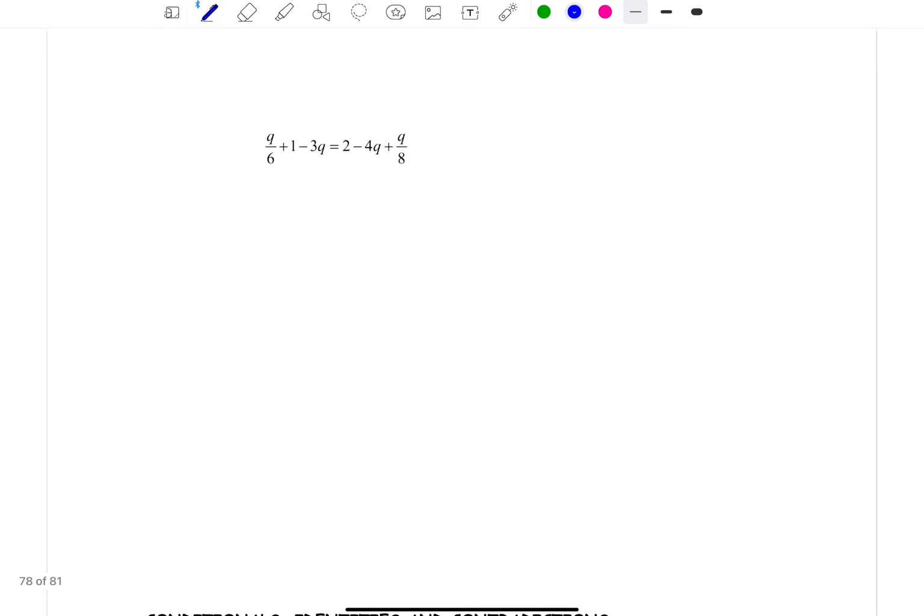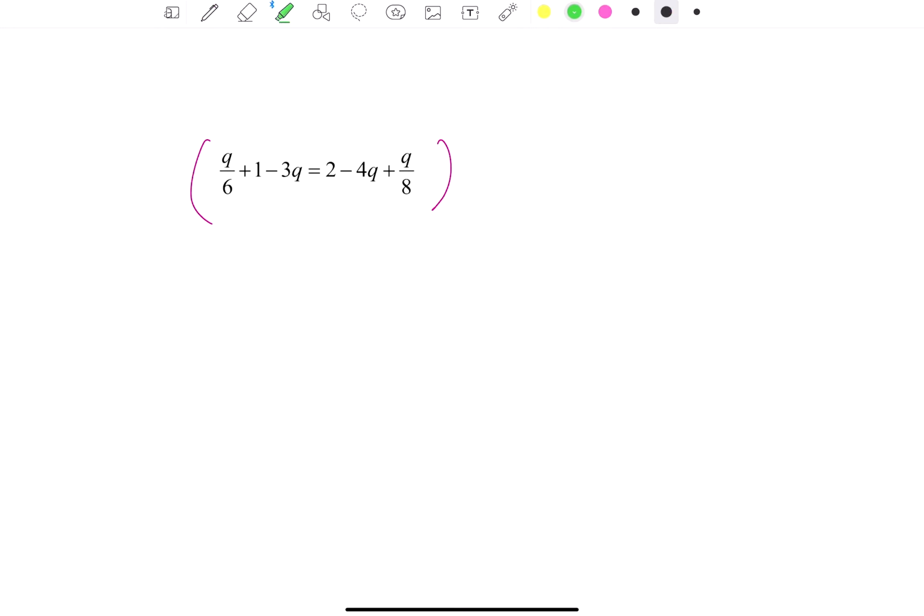Next example, we have q over 6 plus 1 minus 3q equals 2 minus 4q plus q over 8. Again, we can continue working in the fractions if we want. We can continue adding or subtracting in terms of fractions, or we can go ahead and find the LCD for 6 and 8 and multiply both sides by the LCD.